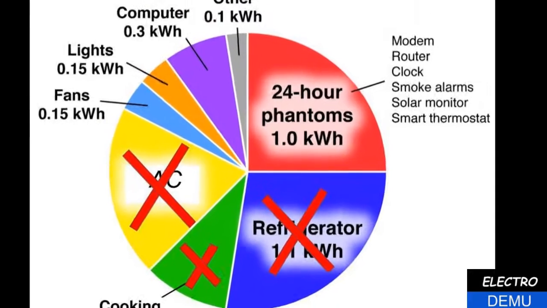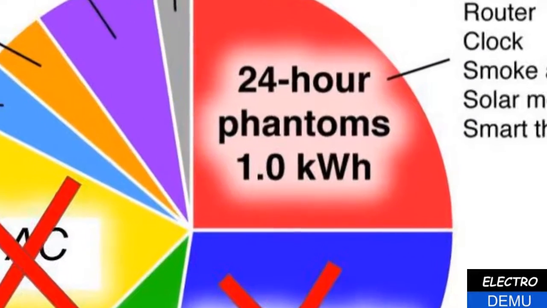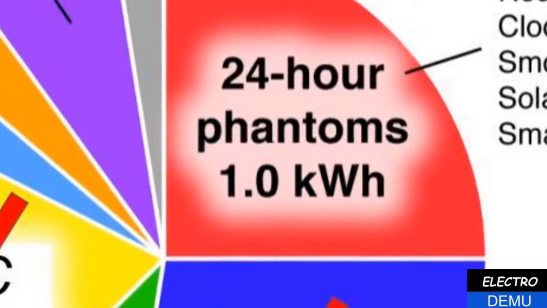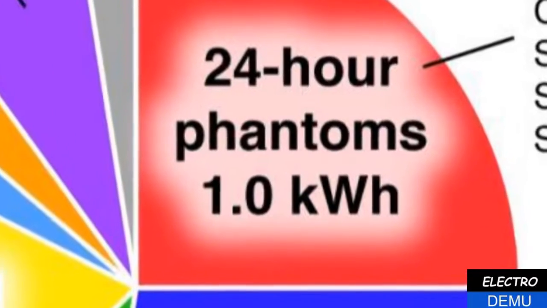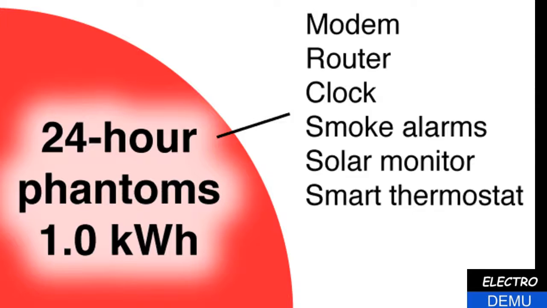By phantom, it's kind of like a silent or hidden or ghost energy, and this typically would be stuff like your laptop charger, your cell phone charger, or any type of appliance that's hooked up. By appliance, I mean, say you have a coffee maker.